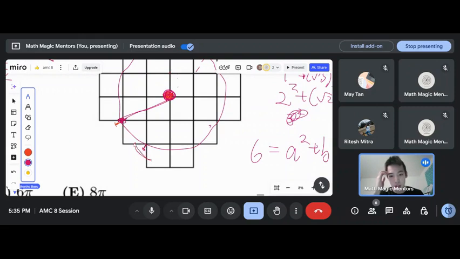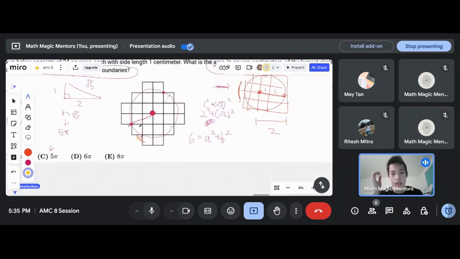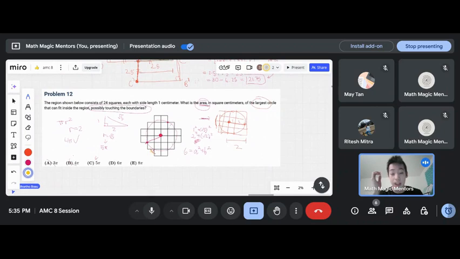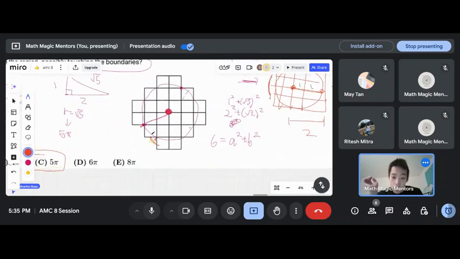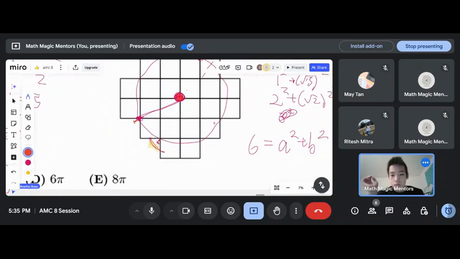You're going to hit some points in this yellow region right here, and that's not good because we want our circle to be completely inside this grid. And so I believe the answer should be 5 pi, because if you have any more radius, any more length, it's just going to hit outside of the circle.